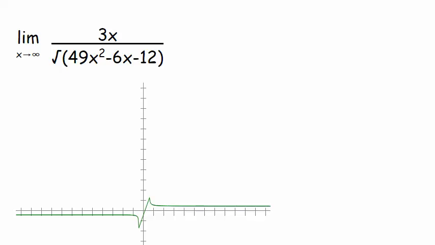All right, so let's go over to the whiteboard and start writing some stuff down. We actually got quite a bit to write down here. We got the limit as x approaches infinity of 3x over the square root of 49x squared minus 6x minus 12.